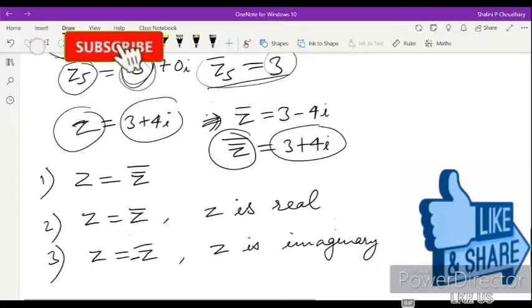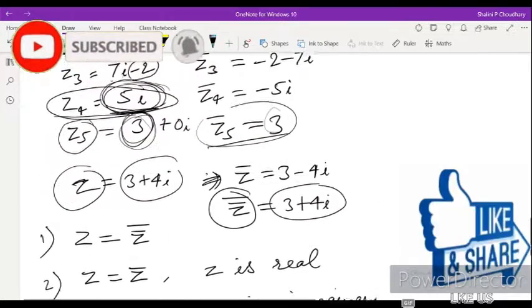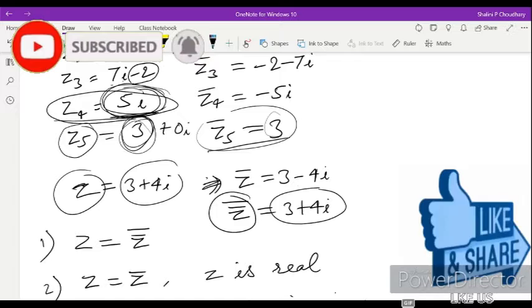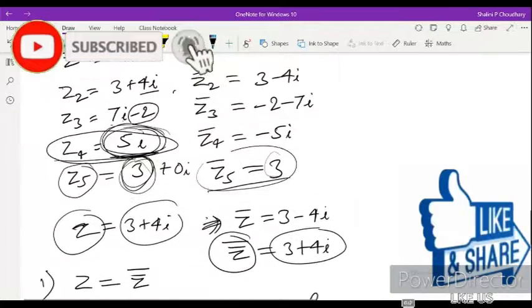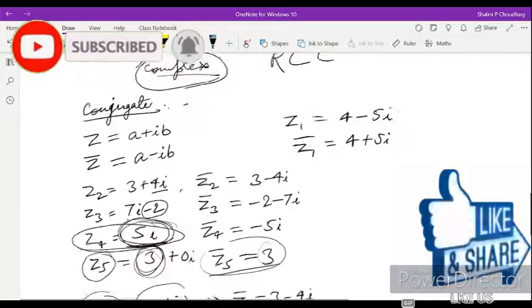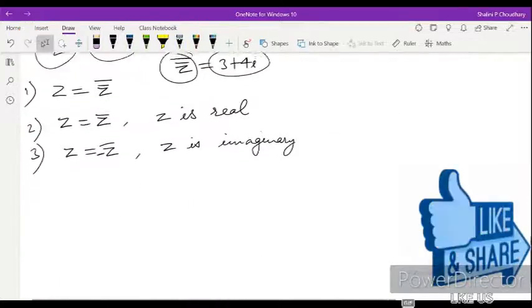So these are the three things, and using these properties and these concepts, we can do sums. We can do more sums as well.